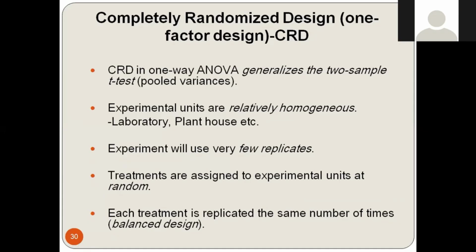But the only problem is, if it is a balanced design, all treatments will be estimated equally because the replicates are the same. If it is unbalanced, the one which has more replicates will be estimated with much higher precision compared to the one which has fewer replicates.